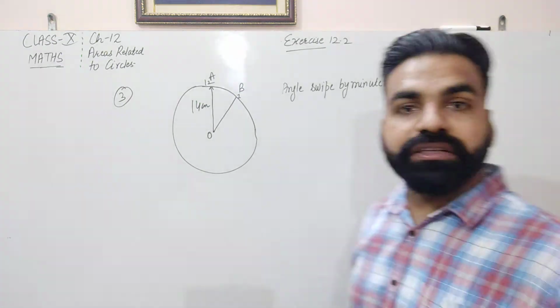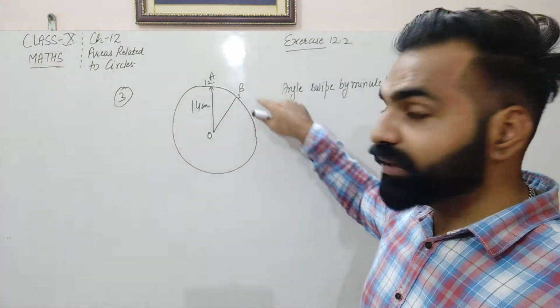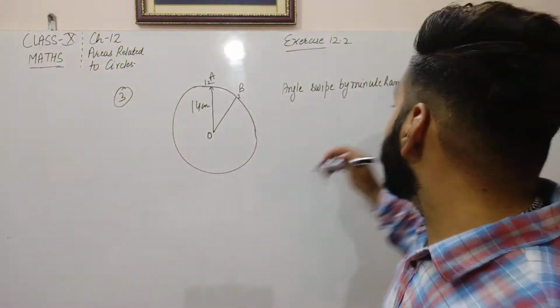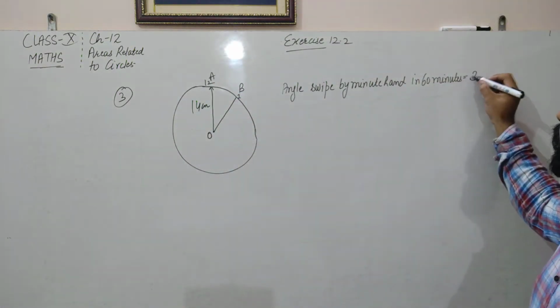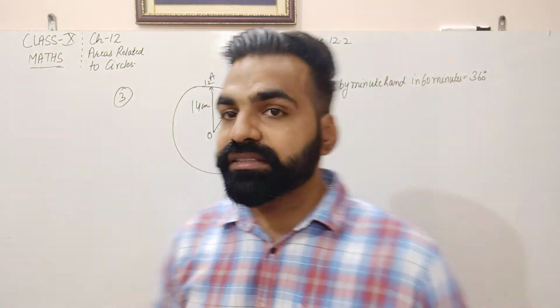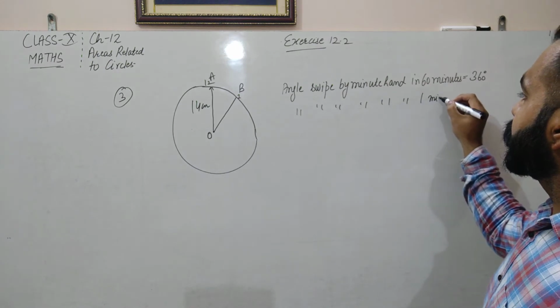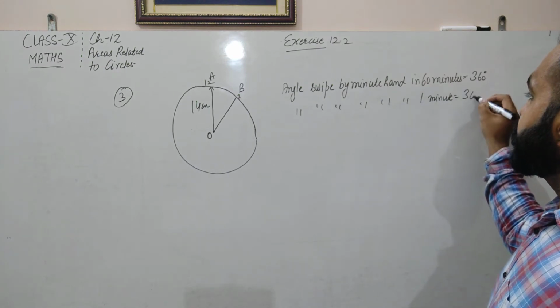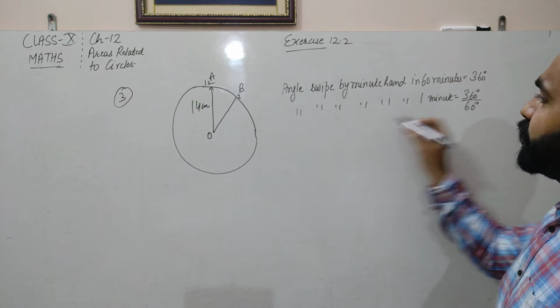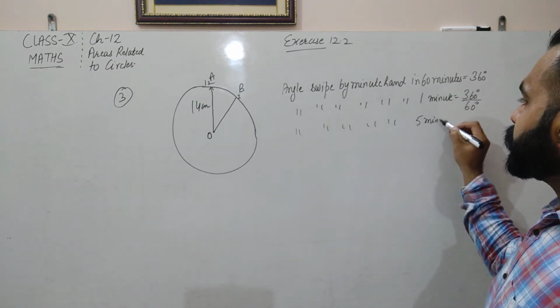We know that after 60 minutes the minute hand comes to the initial position, that it completes one revolution here. So this will be the 360. It will complete the whole angle, that is the 360. So angle swipe by minute hand in 1 minute, that is 360 by 60, and we have to tell angle swipe by minute hand in 5 minutes.